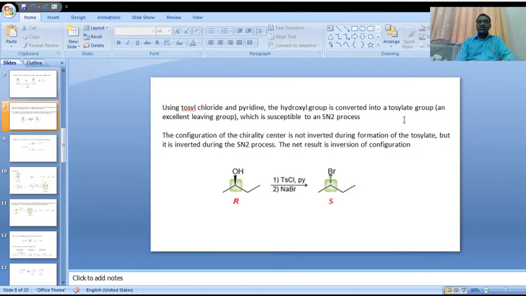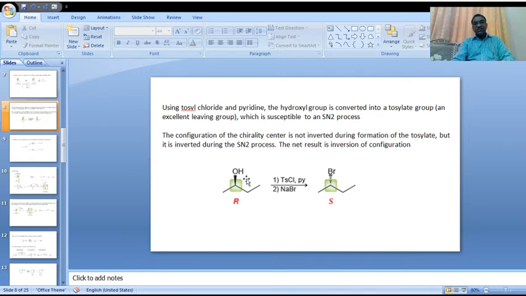This SN2 process proceeds very well in the presence of this particular excellent leaving group, tosylate. Okay. How the configuration changes, we'll discuss.